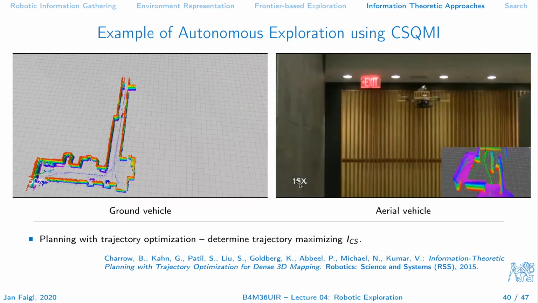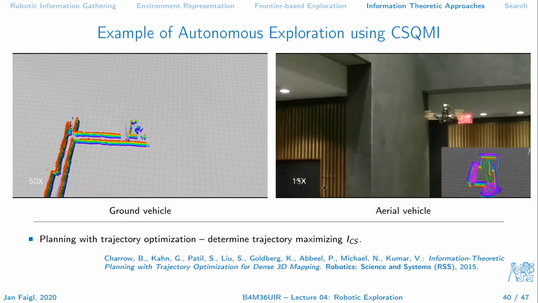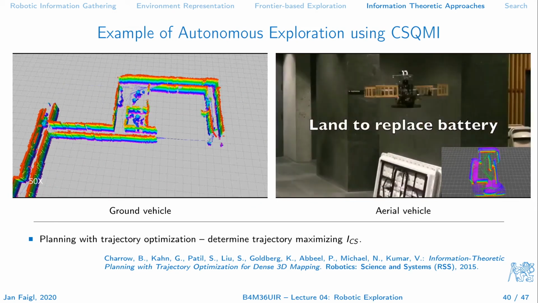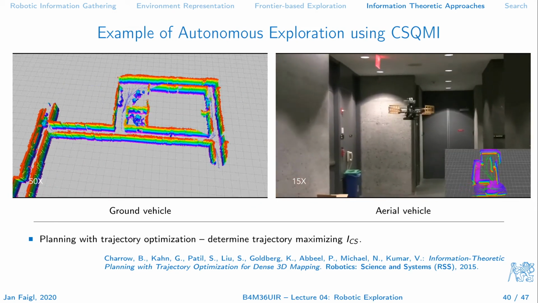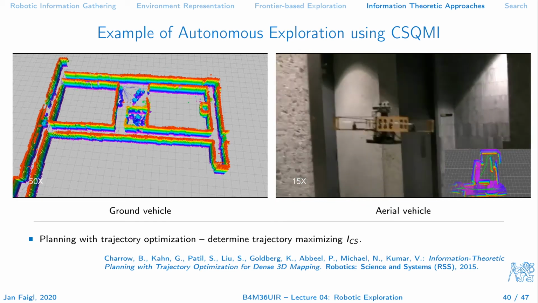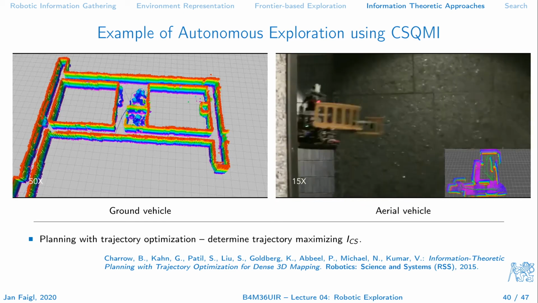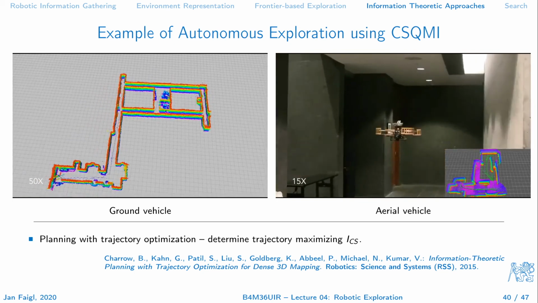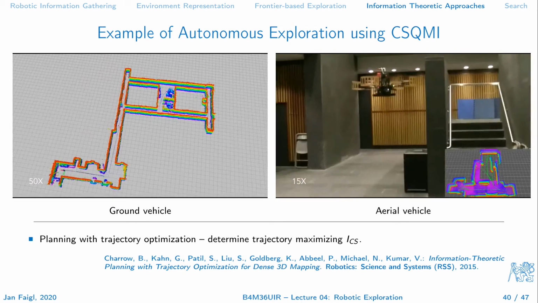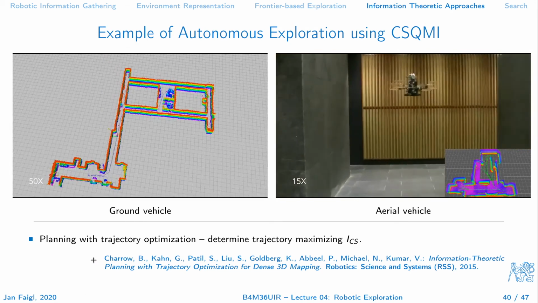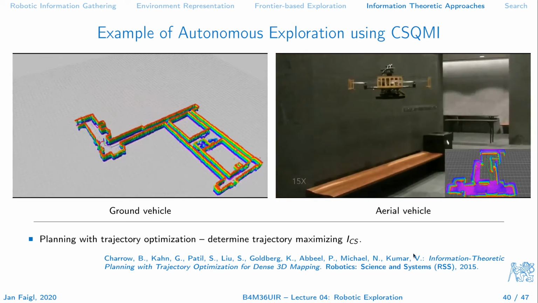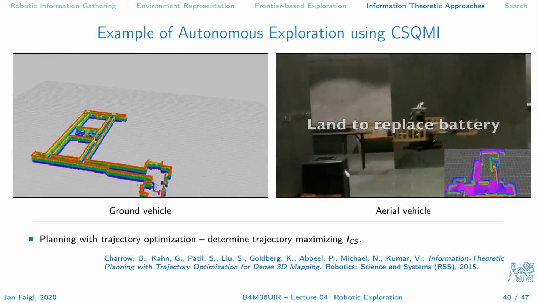Of course, for UAV it's a little bit faster, but it's still quite a speed up. And for the ground robots again, it is working, and it has been demonstrated that such an approach can be deployed on robots. So if you are more interested in Ben Charo's work, take a look at the paper at RSS 2015.